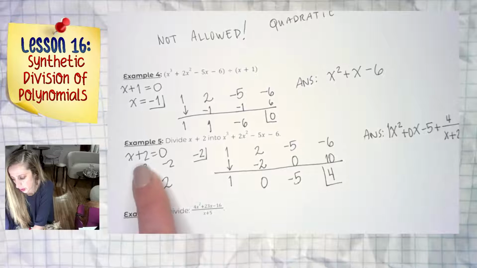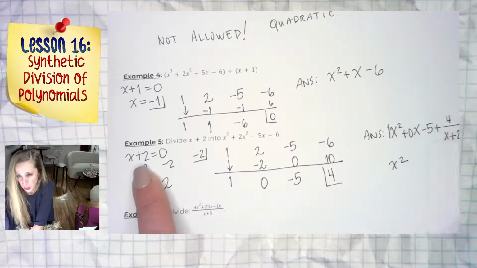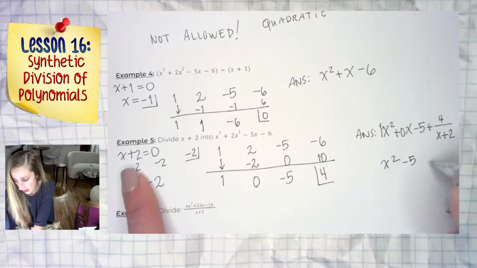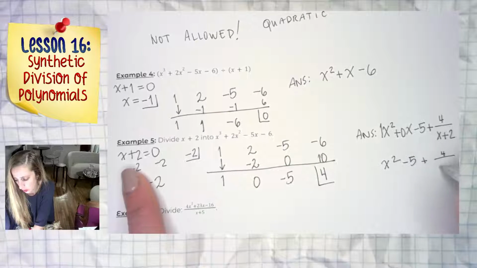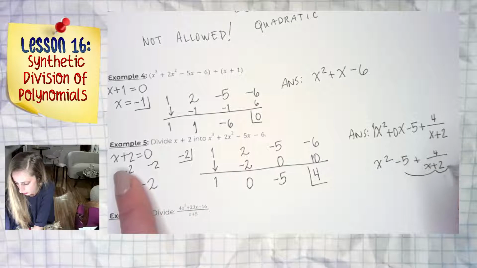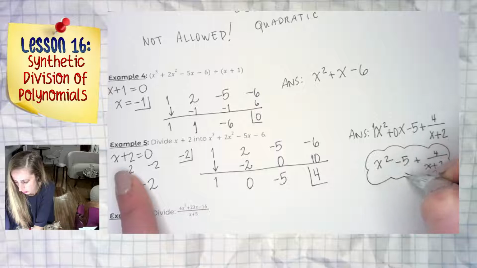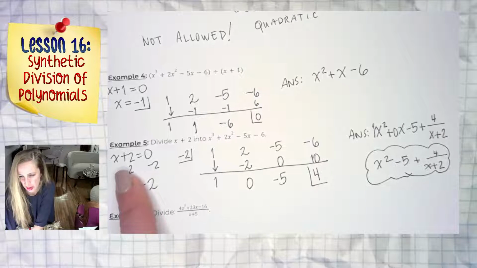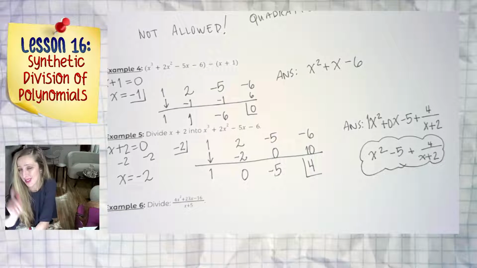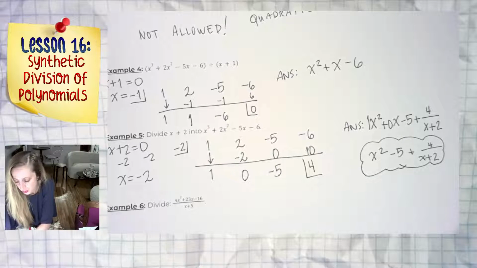Or more normal people would probably write this as x squared minus 5 plus 4 over x plus 2. That's a little bit more natural looking, right? So there's your quotient. We do have a remainder. X plus 2 is not a factor of the original polynomial.